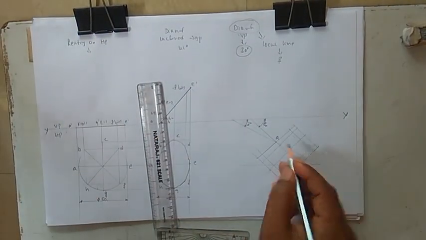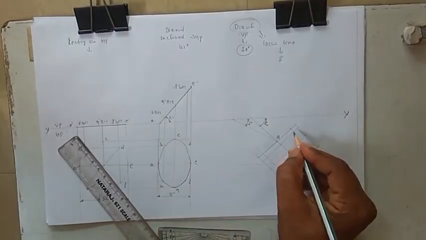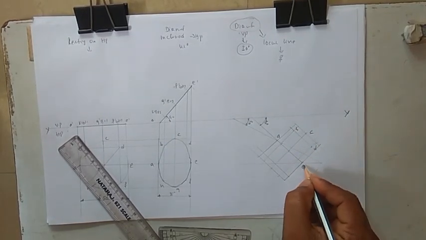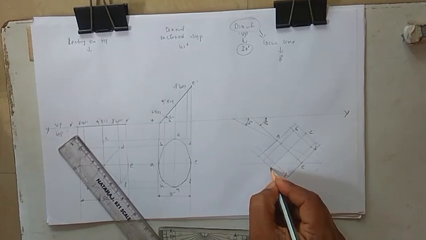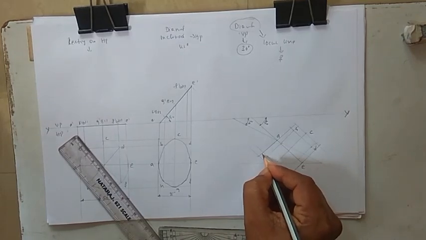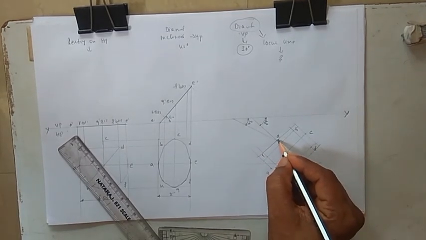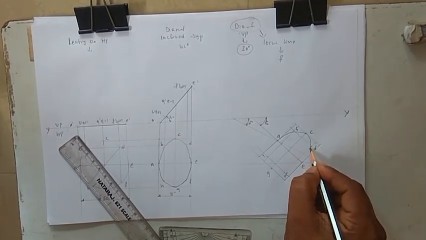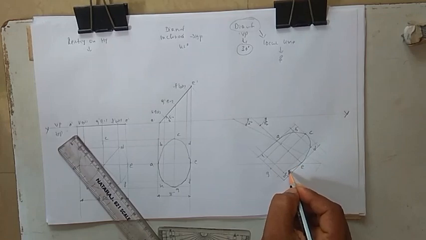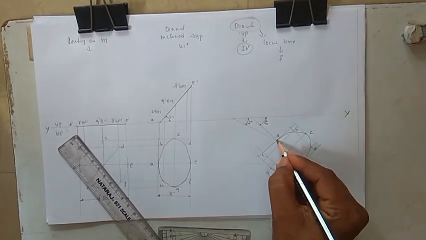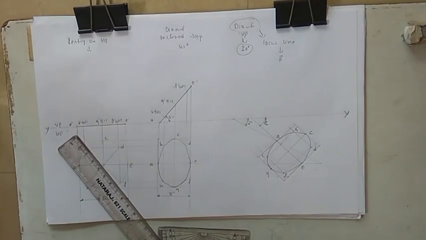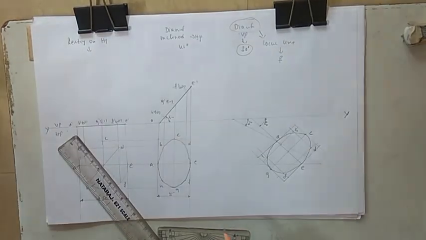So this is A, we have kept it like this. This is our B, this is C, this is D, E and F, this is G and this is H. Now again with the same freehand sketch, complete like this. This is how you can get that one.